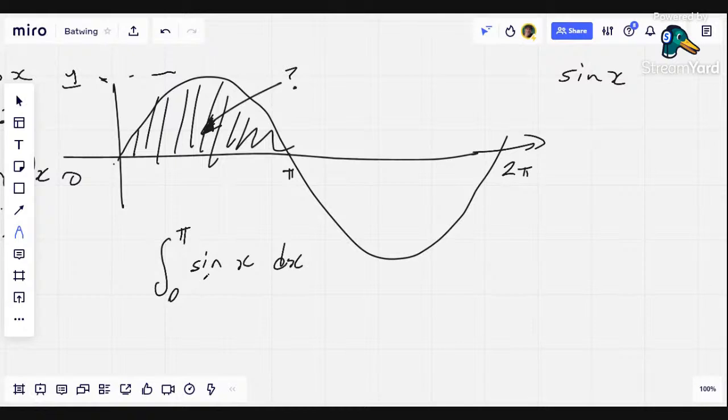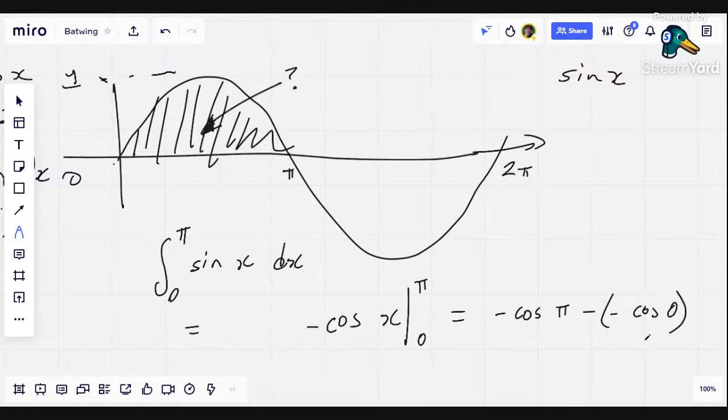Okay, the antiderivative of sine x is negative cosine of x. I think I got that right. And it's evaluated between pi and 0. So that's going to equal negative cosine of pi minus negative cosine of 0, which equals, I love it, you still have to remember what 1 plus 1 is.